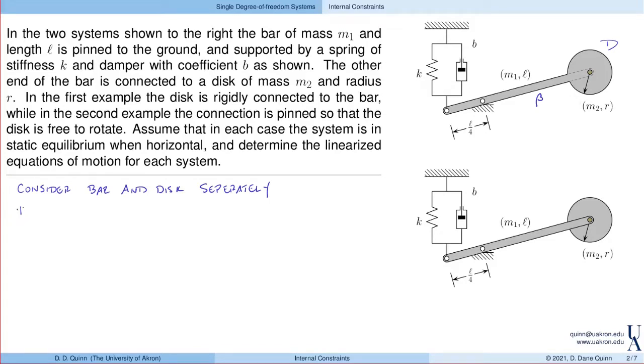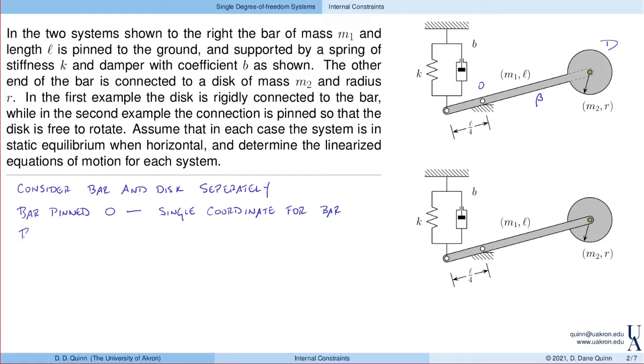So, of course, the bar is pinned at O, the origin here, and it rotates about this point. So I only need a single coordinate to describe the configuration of the bar. And the one that we'll ultimately use is the rotation of the bar.